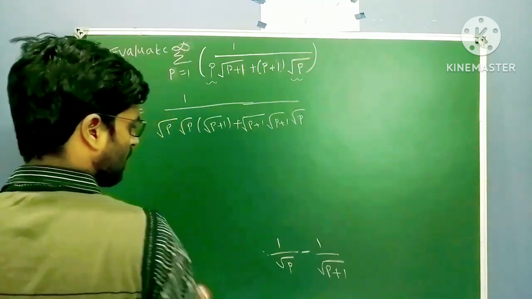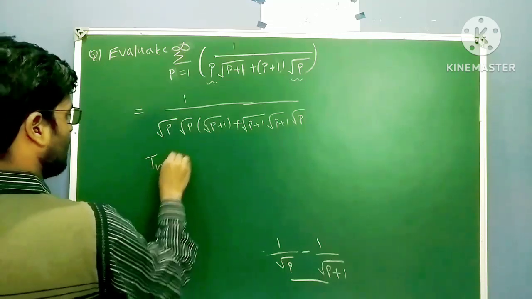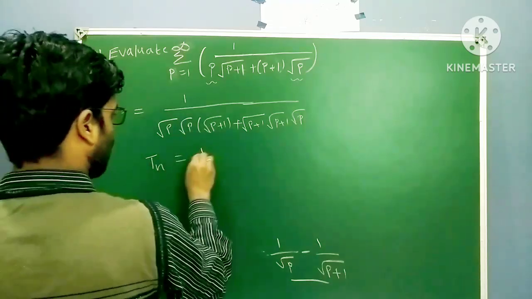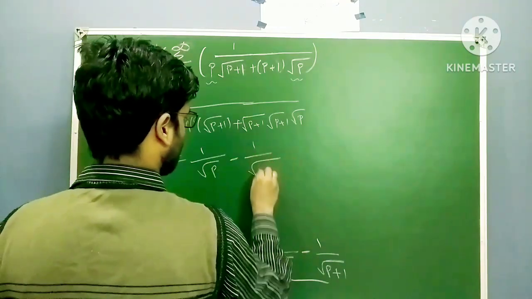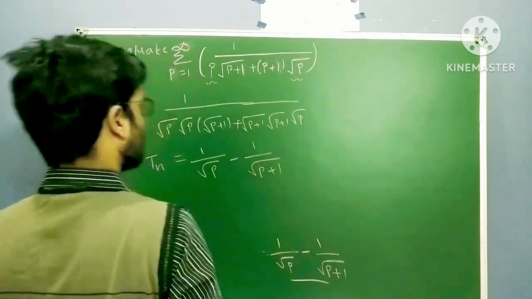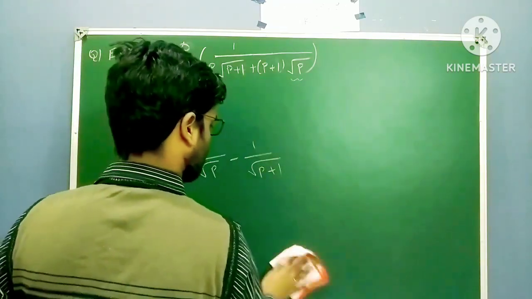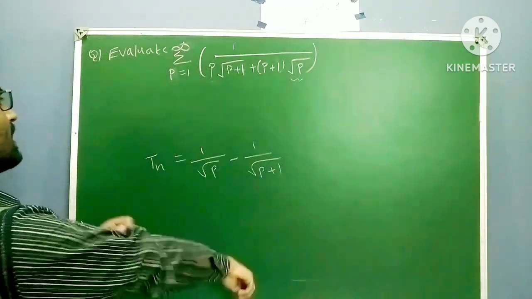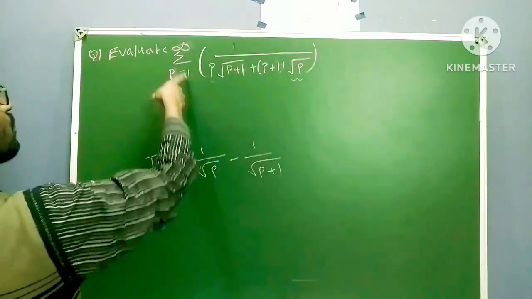By using this, you have to find the term Tn, which is 1 by root p minus 1 by root p plus 1. You have to use this expression finally. Then first calculate the first term T1. Here the limit is 1 to infinity.